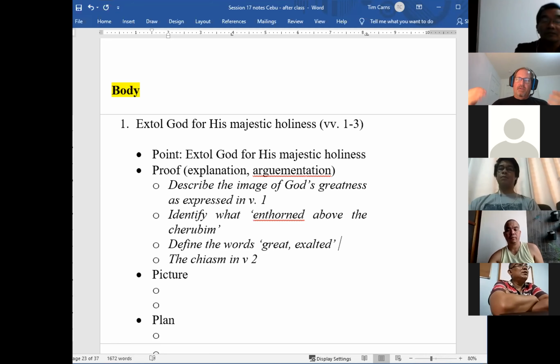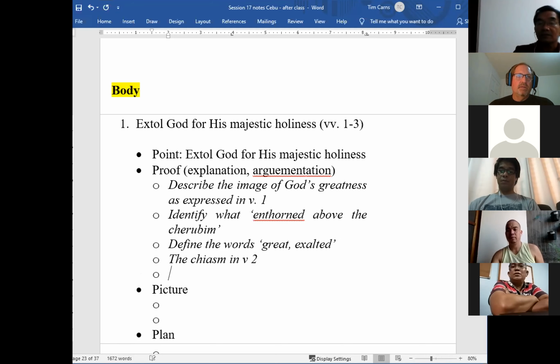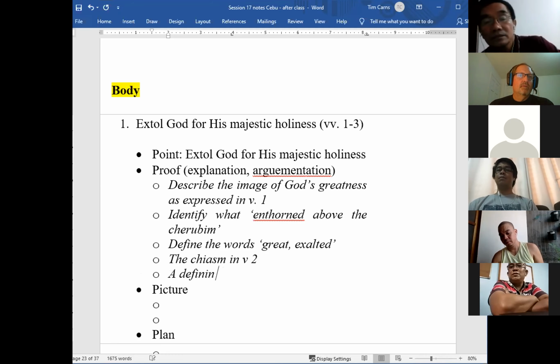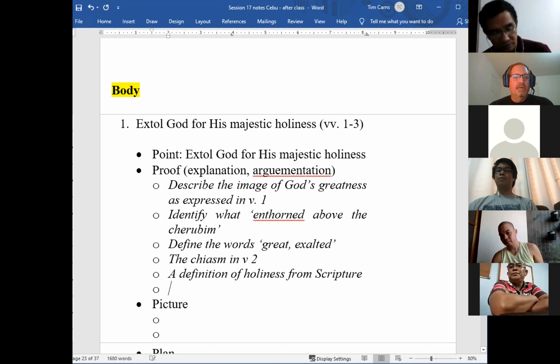You could describe there's great emphasis here on these words. You might include in this a definition of holiness from Scripture. Maybe some examples of God's holiness from these passages.